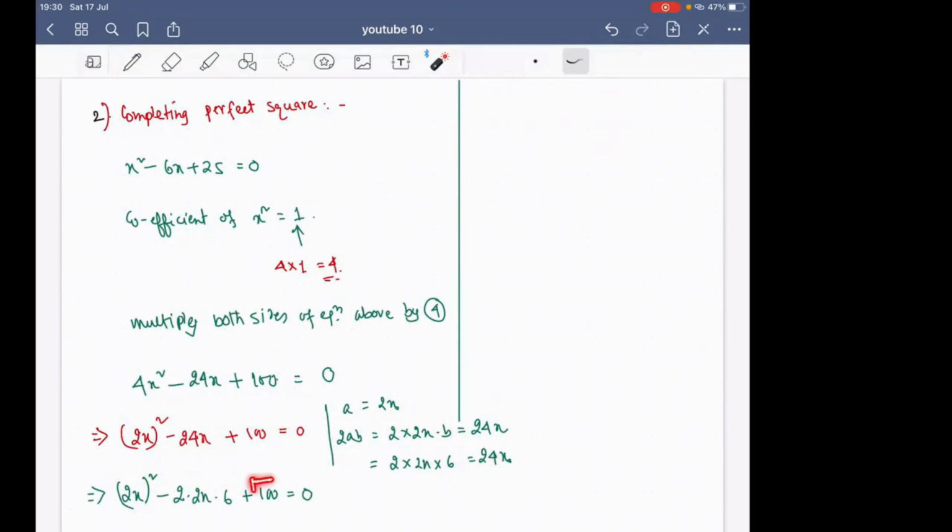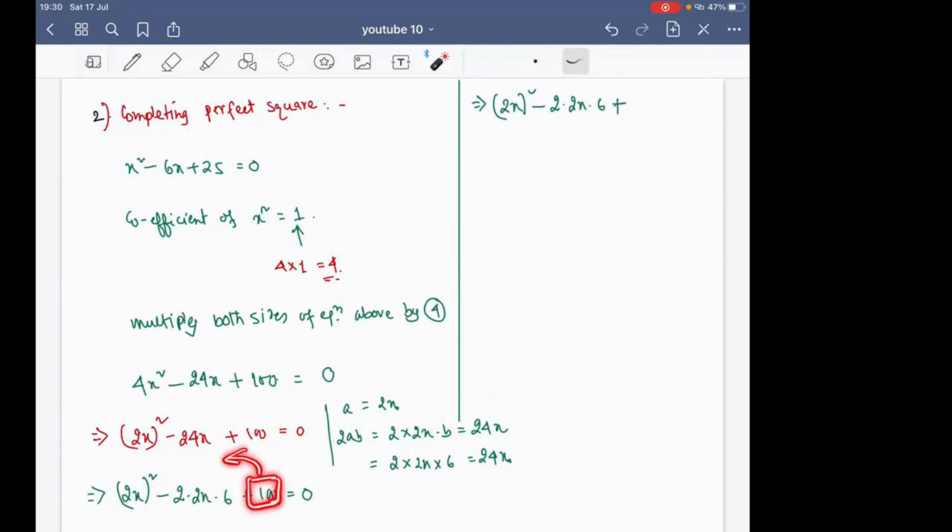So here, this 100, we can split into two parts. One of them will consist of the b square, and the other will be the remainder. So we put like this, 2x square minus 2 into 2x into 6. Let's break down the 100 part.